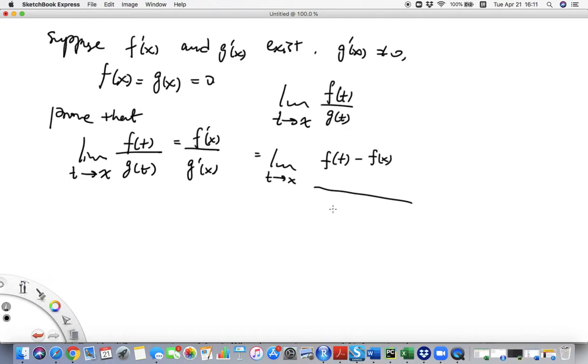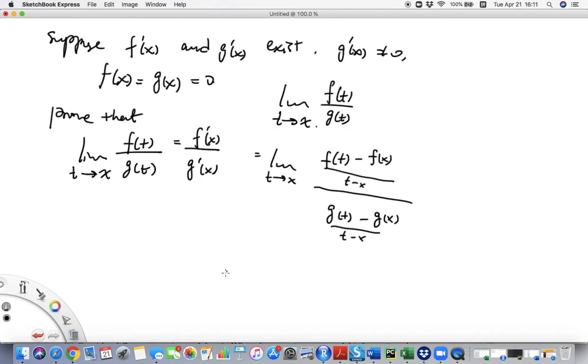And for the denominator, same story. I subtract G of x. Nothing's going to change. So this is equality, right? So these two are the same. Now if I divide by t minus x for the numerator and the denominator, again, same operations on both, so it doesn't change. Okay?